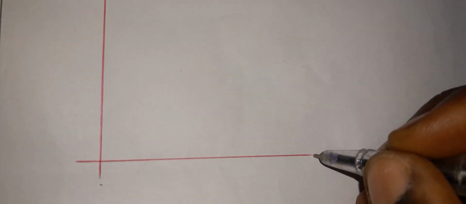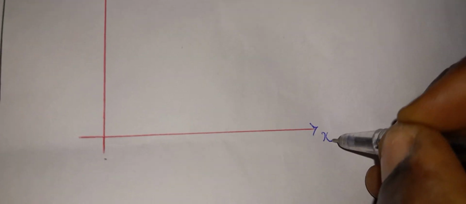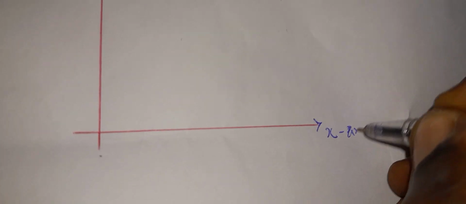Right, so having my x axis here, and then my y axis here, and we're told that it is an equilateral triangle. I'll put my M1 at the origin, which is equal to 1.2 kg.